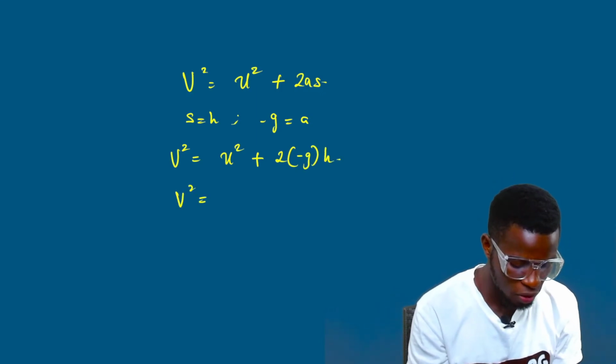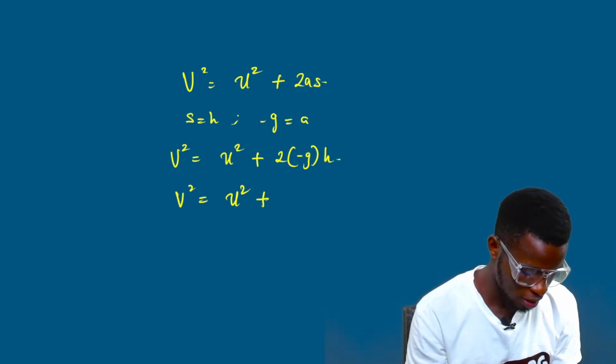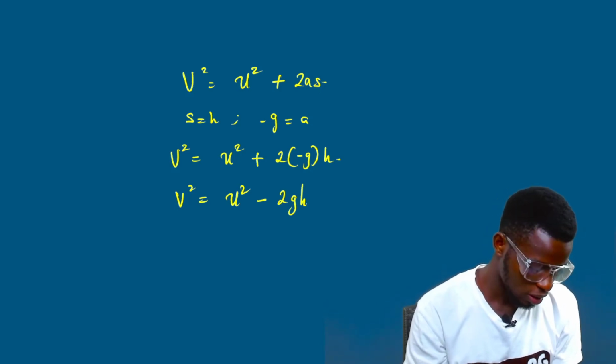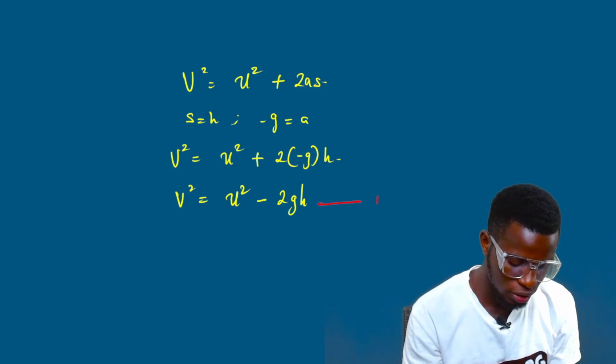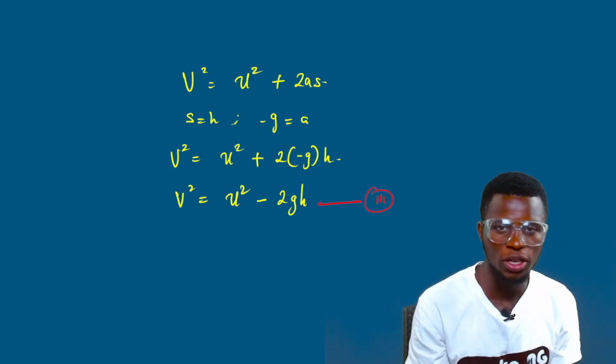I will simplify further to give u squared minus 2gh. This is seen as the third equation, and these are the three basic equations on free fall. So let me highlight them in one slide.